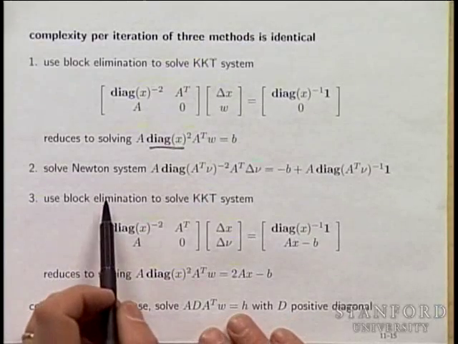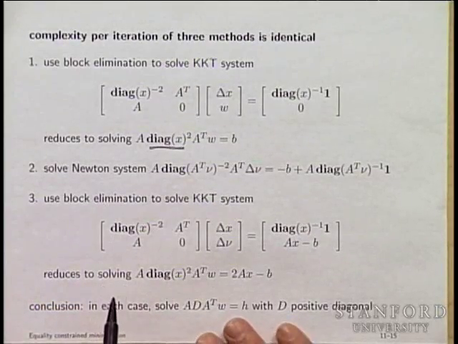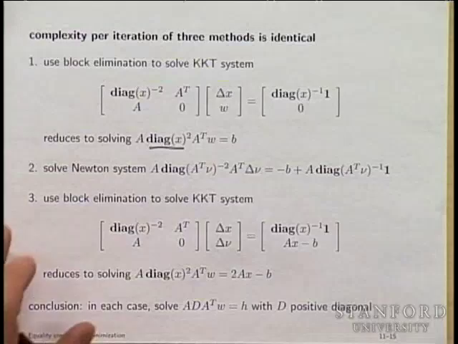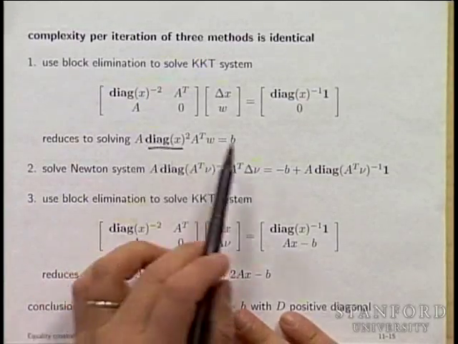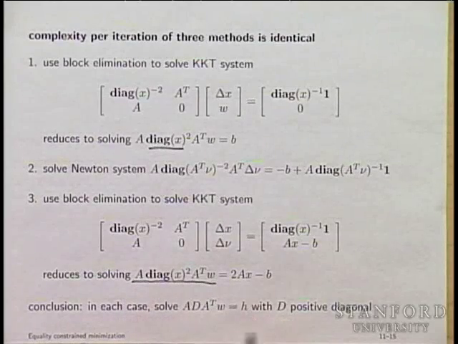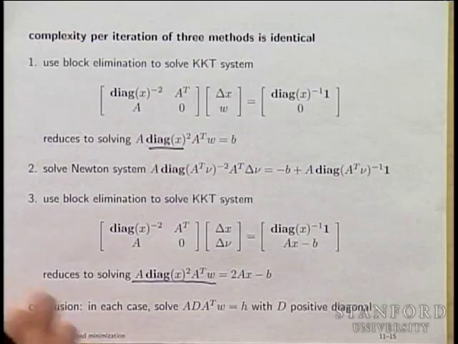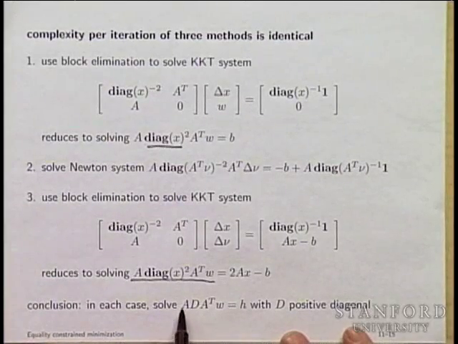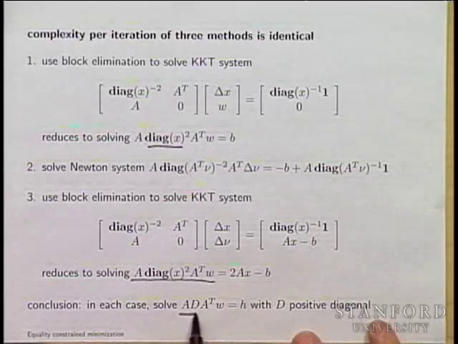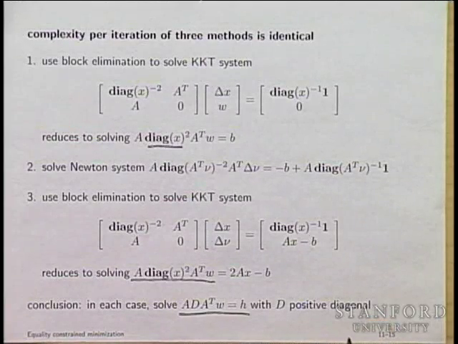If you use block elimination to solve the KKT system here, that's to solve the infeasible start Newton method. It's the same story. You solve the same thing here, but the right-hand side is different, but the matrix is the same, and that's what determines how fast it is. So in each case, you have to solve A D A transpose W equals H with a positive diagonal D. So that's actually all that's going to happen in all of these cases.